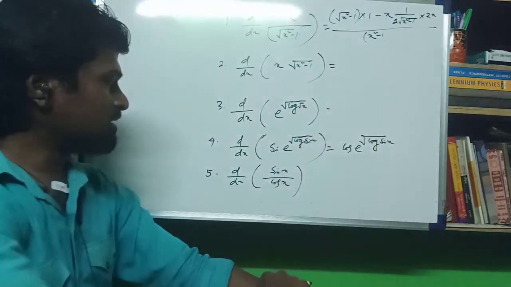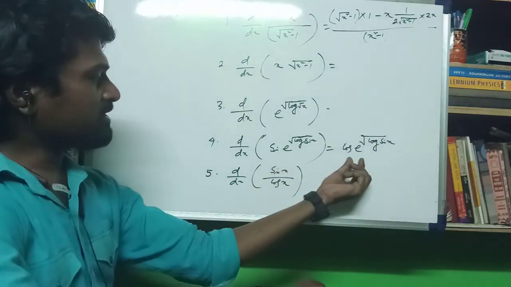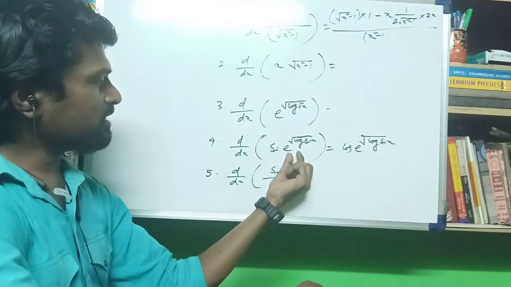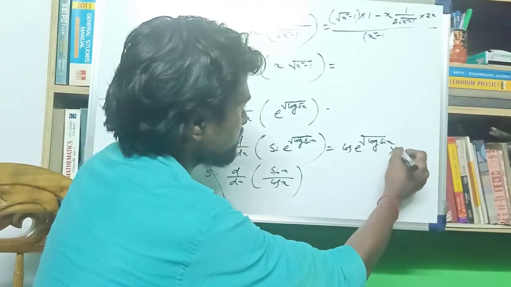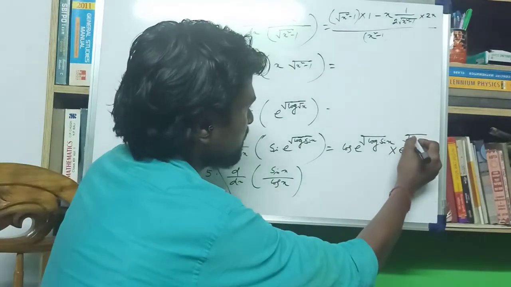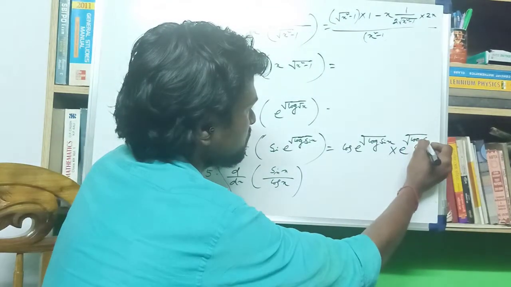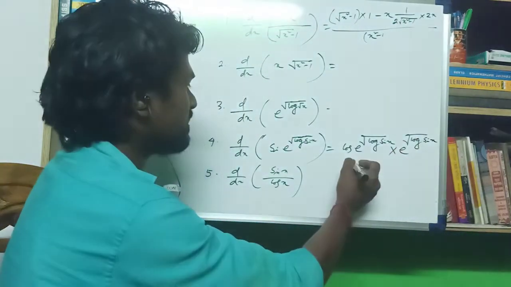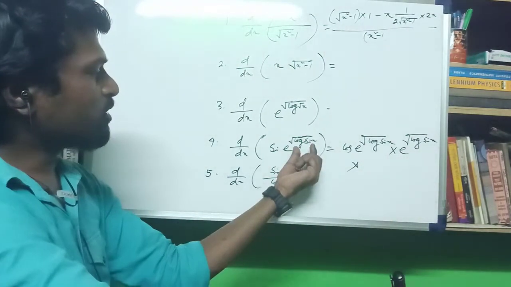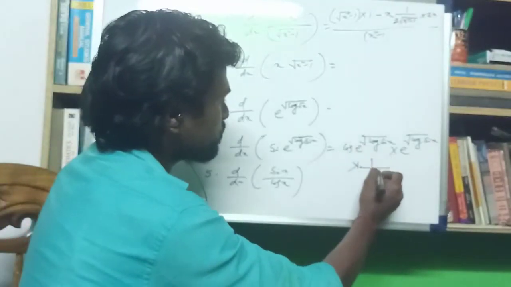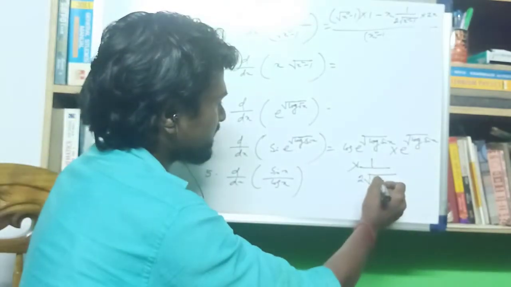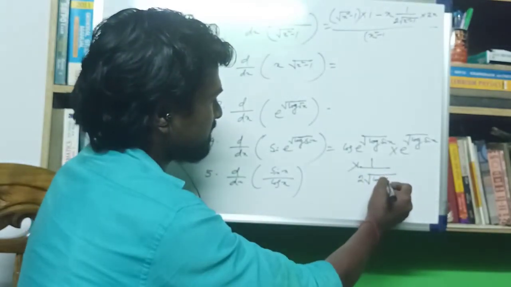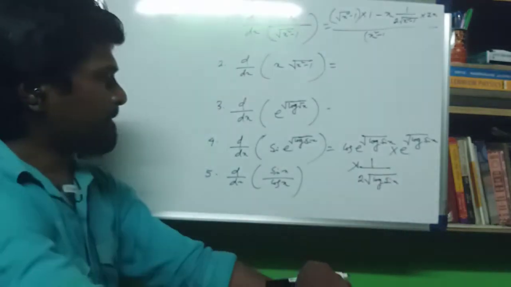So the derivative of sine is cos, and then there is an exponential function, and the derivative of the exponential function is root over of log into sin x. Then take the derivative of root, so 1 by 2 root x.